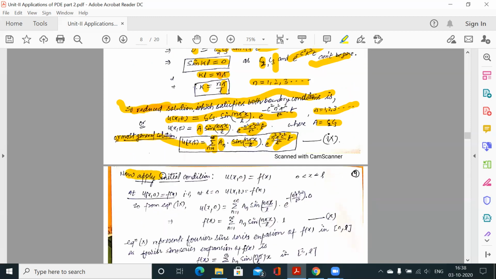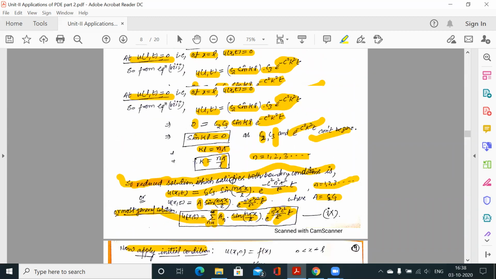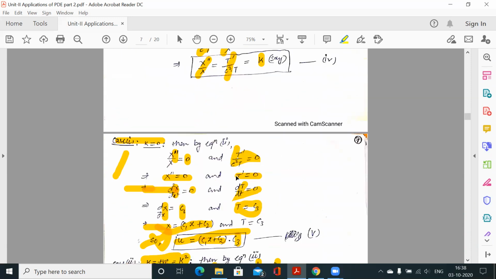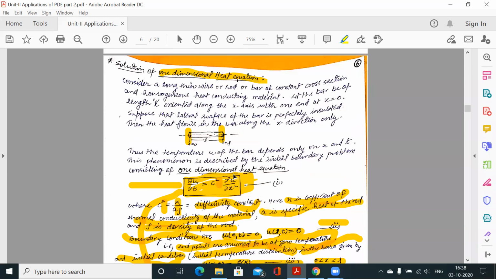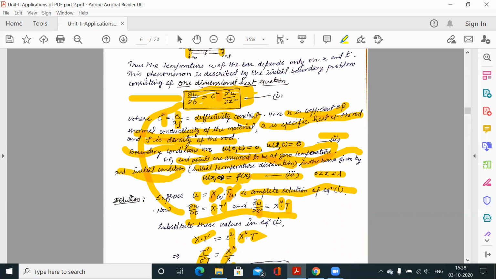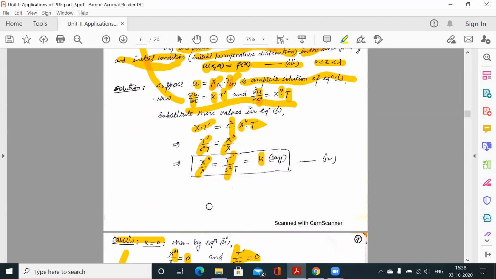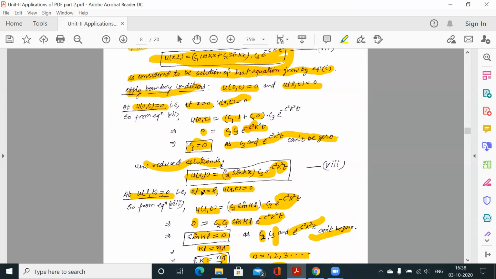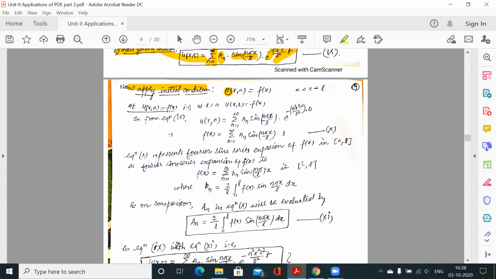Now the initial condition. What is the initial condition? What initial condition is given? u(x,0) is f(x). So u(x,0) is f(x) is given. That means at t equal to 0, u(x,t) is f(x).